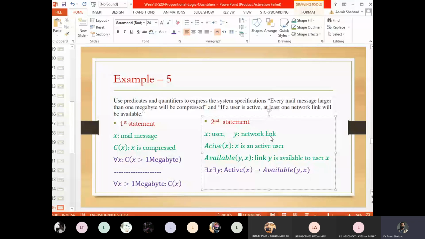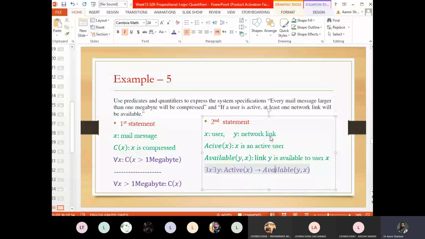Active of x. Available of y: link y is available, and a link has to be available to someone, so we define available y x. Link y is available to user x.